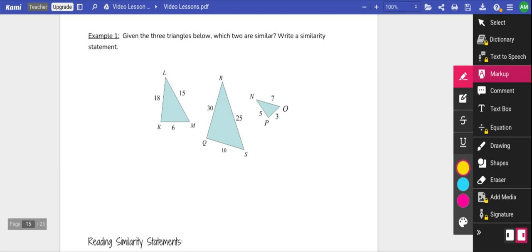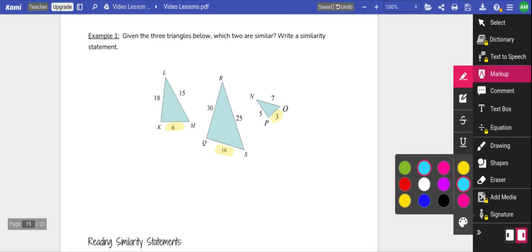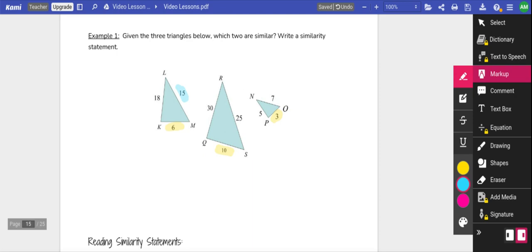In the first triangle, my smallest side is 6. Here it's 10, and over here it's 3. Then I'm going to go with a different color and highlight the medium sides of each. 15 is the medium side, 25, and 5. And then the large side of each, 18, 30, and 7.